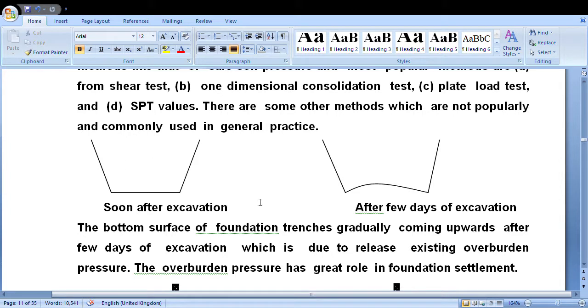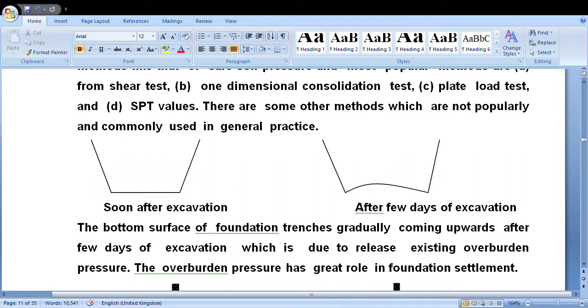So, in my notice, in some foundation trenches I noticed that soon after excavation, the surface is very smooth and it is a very plain surface.